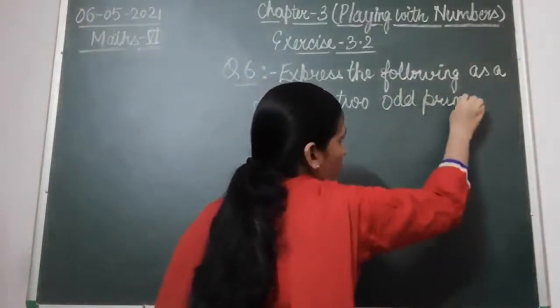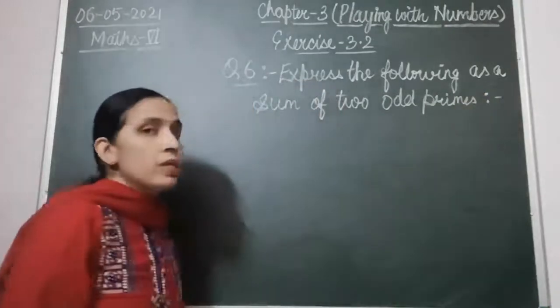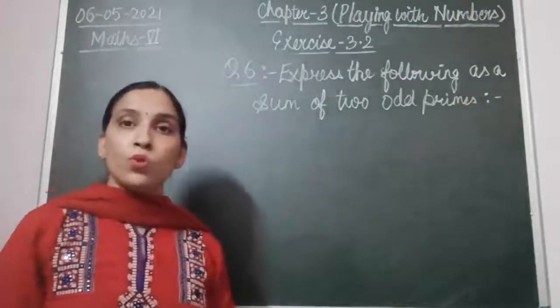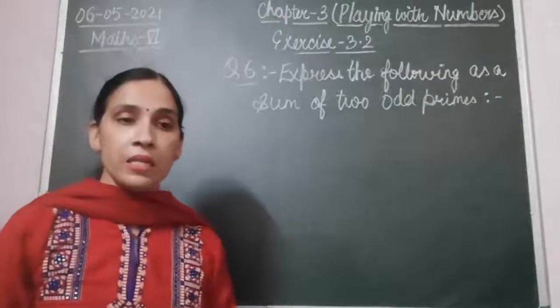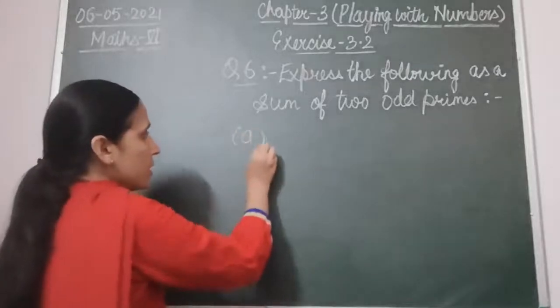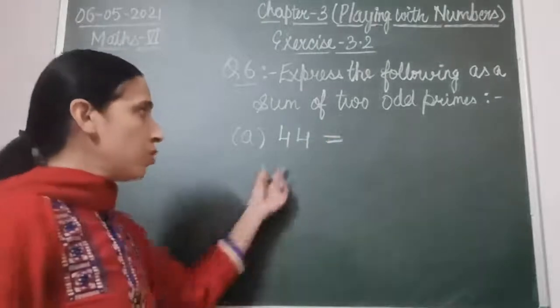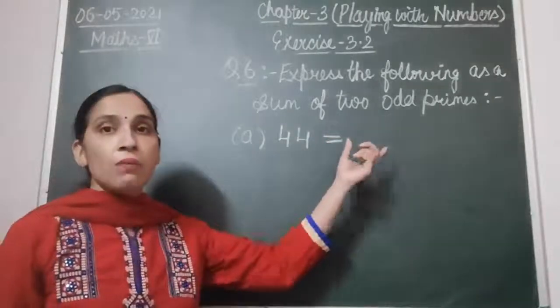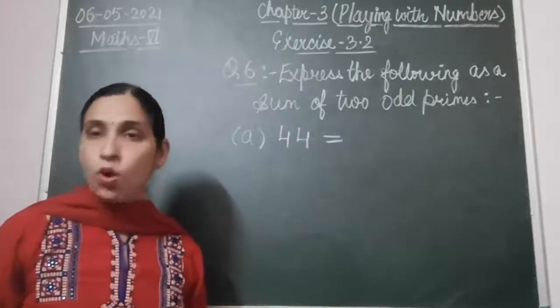So now you have to represent the given number as the sum of two odd prime numbers. Like 44, you have been given, first is A, which is 44. This 44 you have to represent as a sum of two odd primes. Odd primes means odd prime numbers.